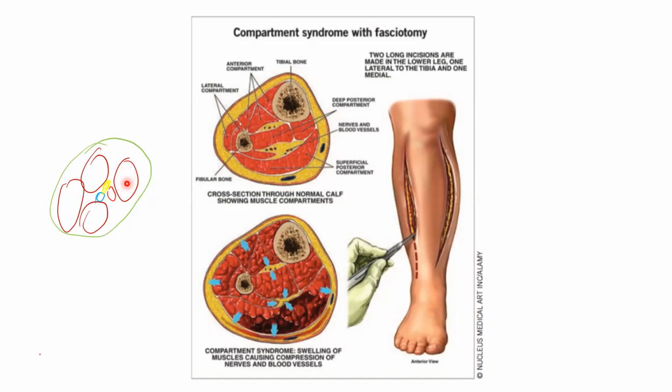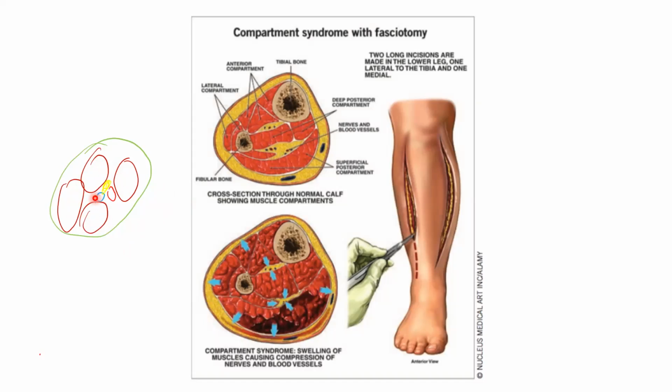So then there will be irreversible damage. The damage will not be able to be repaired, and here you can see it will get necrosis. That means the cells will die off, right?